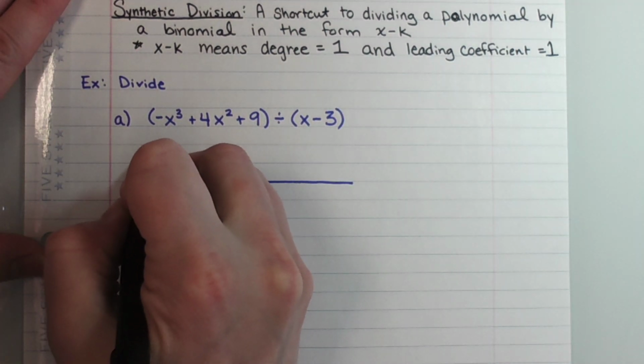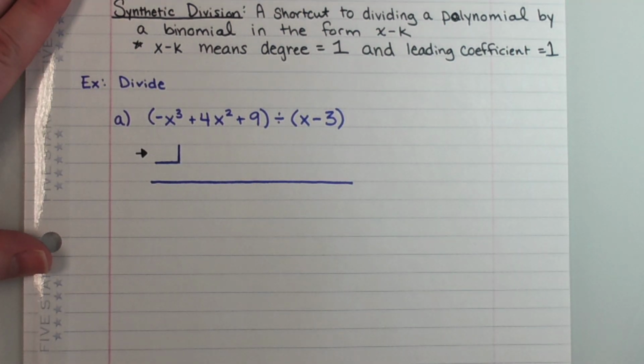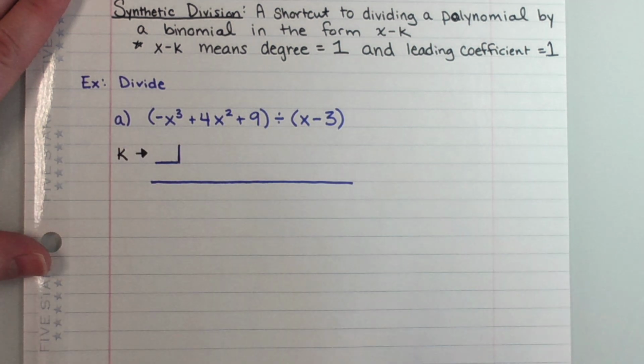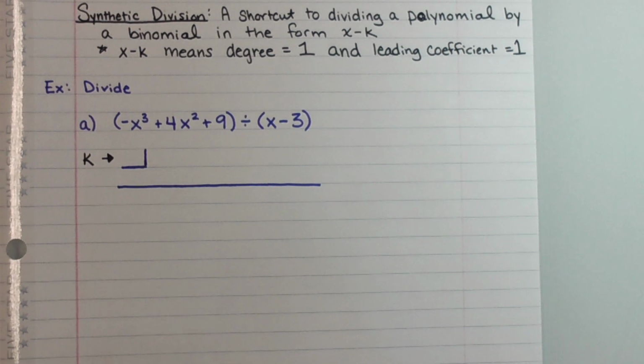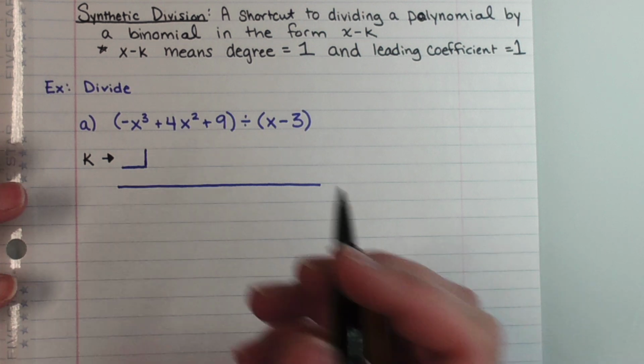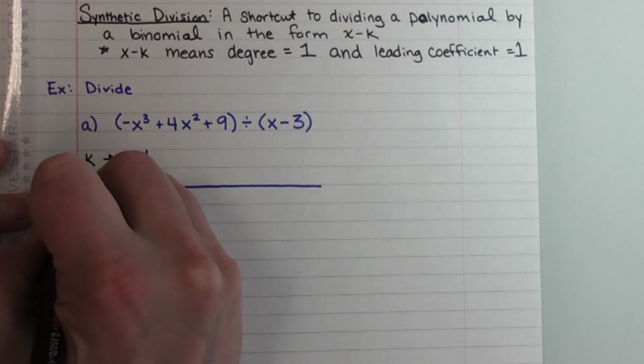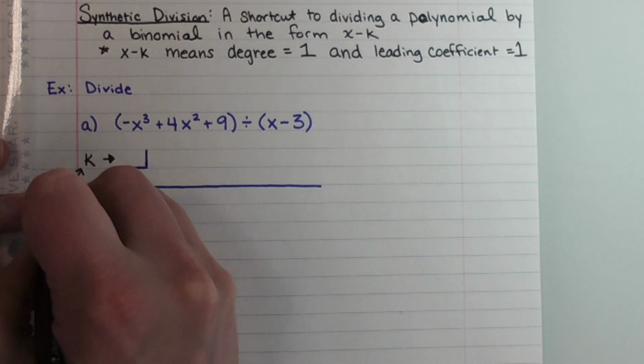In the tiny little box goes the number k. Now keep in mind, look at what the form was. It's in the form of x minus k, which means the k is the opposite of the number in the binomial.